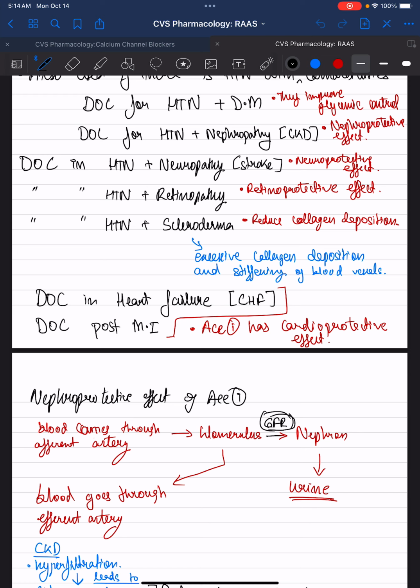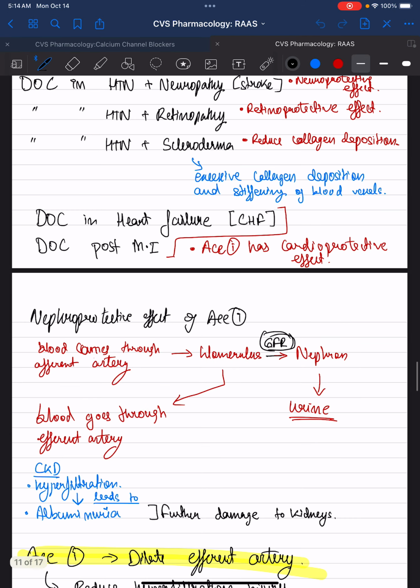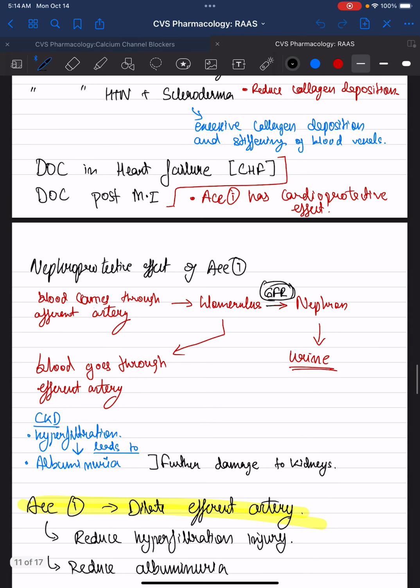That's why it is the drug of choice for a hypertensive patient with scleroderma. It is also the drug of choice in heart failure, because it has a cardioprotective effect and prevents cardiac remodeling, and for a patient post myocardial infarction, again because of the cardioprotective effect.